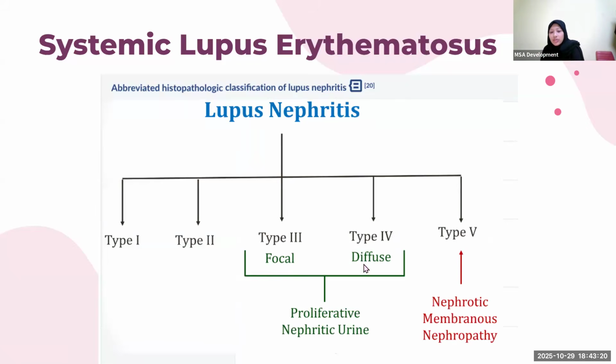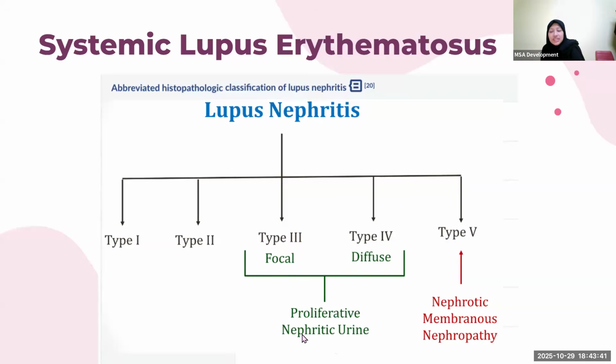So 3 and 4. We mentioned 1 and 2 are minimal mesangial cells. It's not causing nephritic or nephrotic that severely. It's just the mesangial cells are increasing in number. 3 and 4, we group them together because they start to produce symptoms of nephritic syndrome.